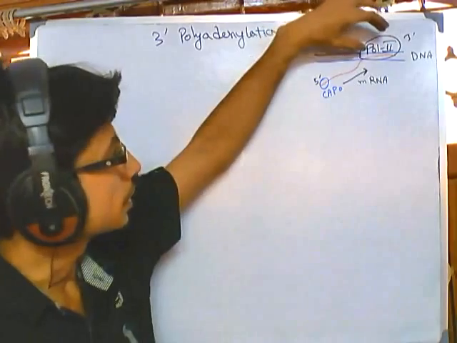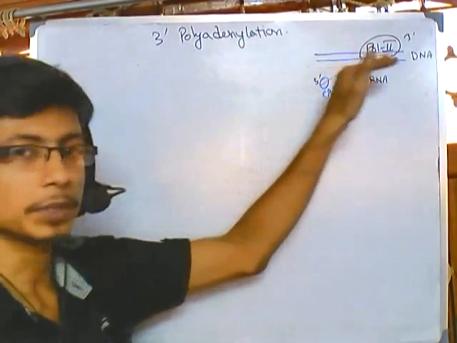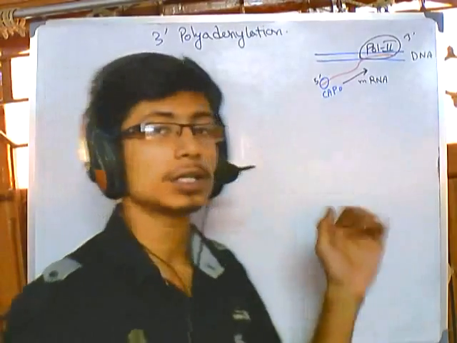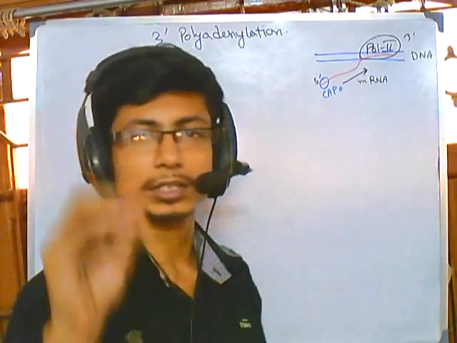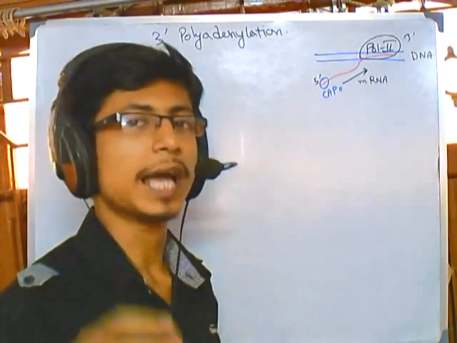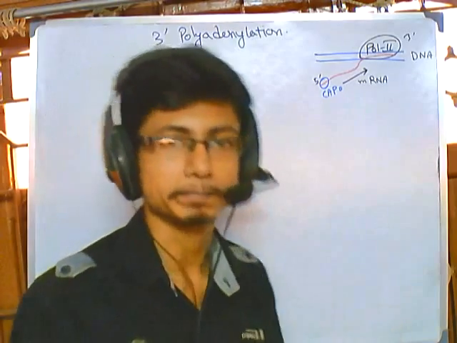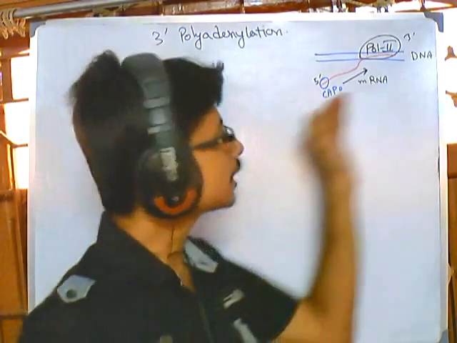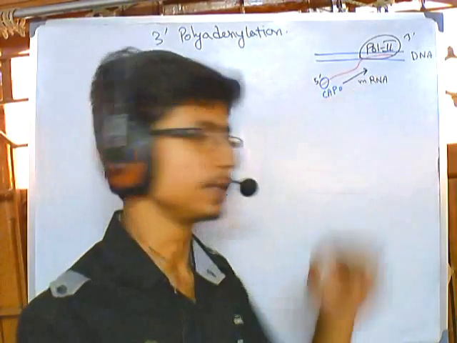RNA polymerase 2 sits onto the place and starts transcribing. Now this is called co-transcriptional modification, which means this type of modification happens along with the synthesis of mRNA. As the mRNA is being produced, these modifications are simultaneously happening.